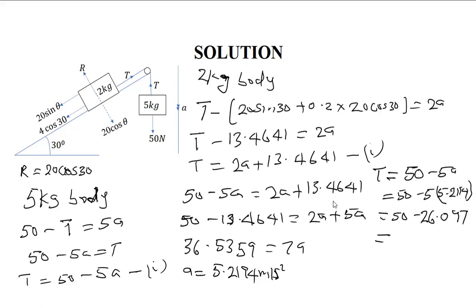If we subtract 50 minus 26.097, that will give us 23.903. So the tension in the string T is approximately 24 Newtons.